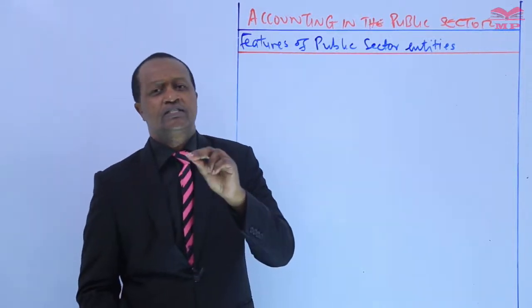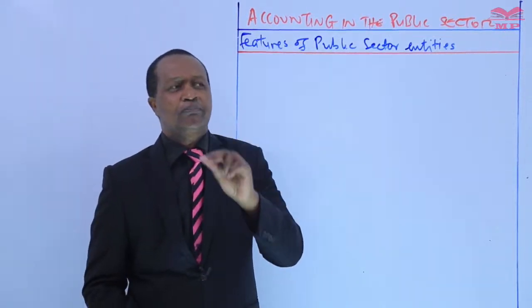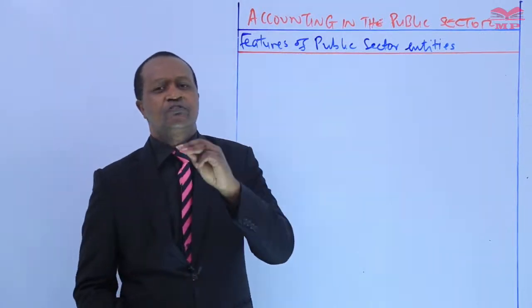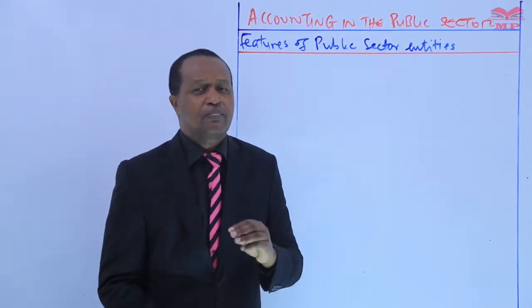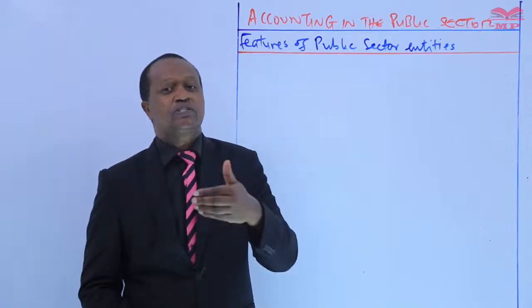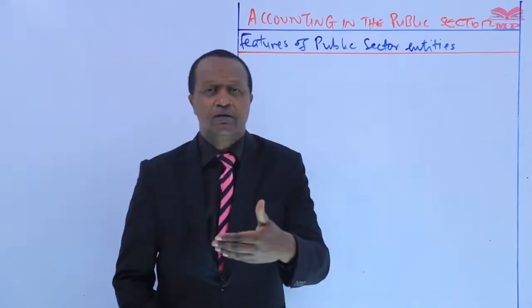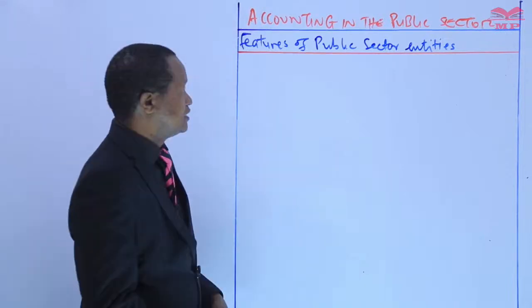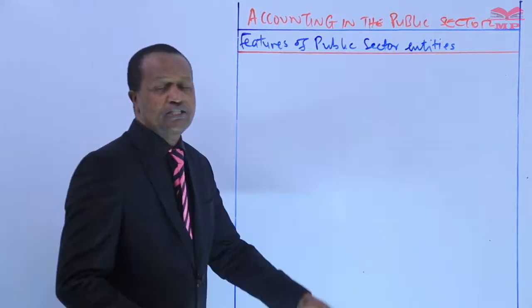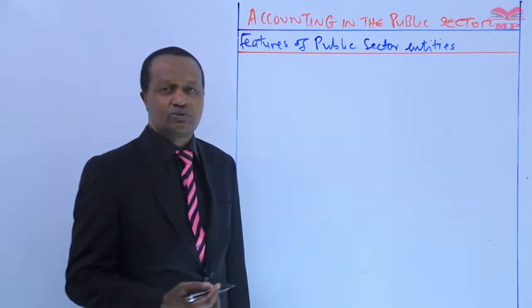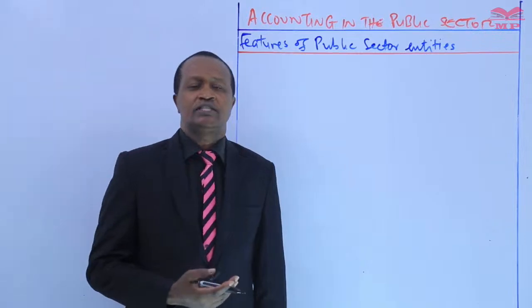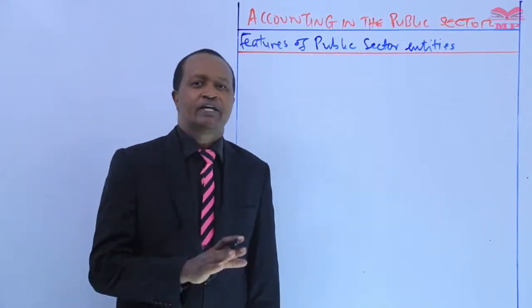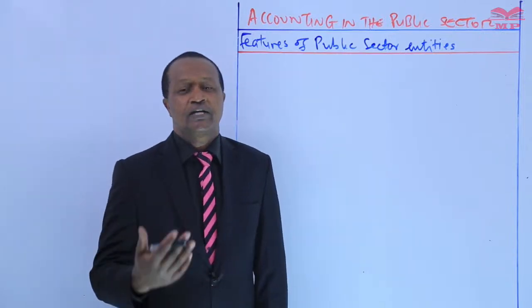Another is the purpose and objectives. They also differ in terms of funding and capital structure, and there is also a difference on the basis of profit motive. We are going to study these differences in today's lesson. By the end of this lesson, you should be able to discuss the features of public sector entities as compared to the private sector.